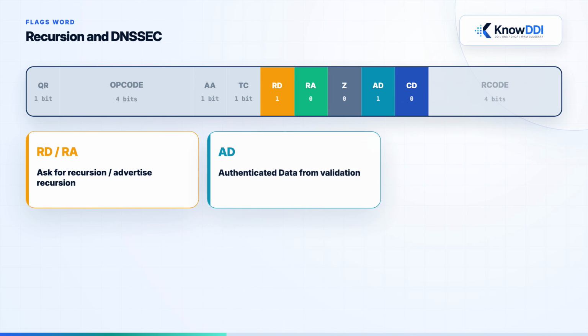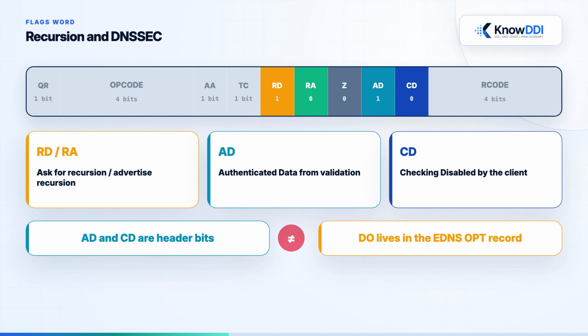Next come RD and RA. Recursion desired is set by a client asking a recursive resolver to pursue the answer on its behalf. Recursion available is set in a response when the server supports that service. The original specification reserved the next 3 bits as Z and required them to be 0. Later, DNSSEC standards assigned 2 of that space to AD and CD.